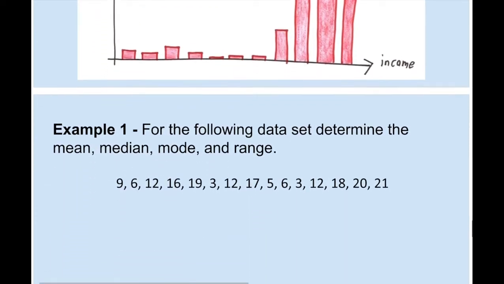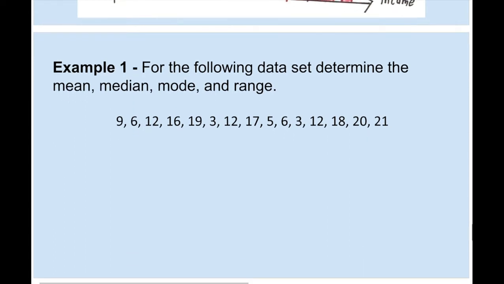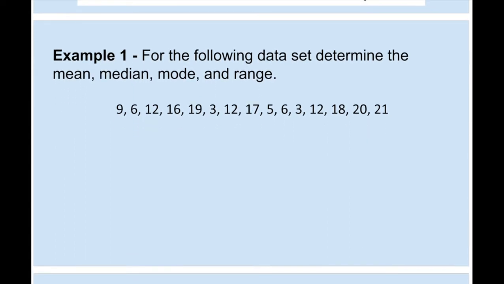So let's look at an example. For the following data set, we want to determine the mean, median, and mode, as well as the range. So we have our data set here. Now, when we have our data set, the easiest thing to probably do is put everything in order.